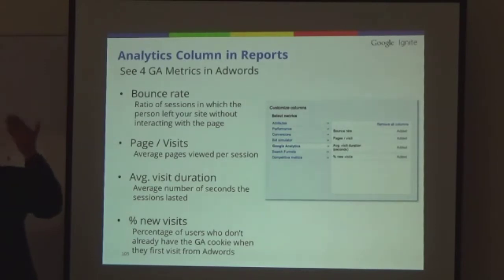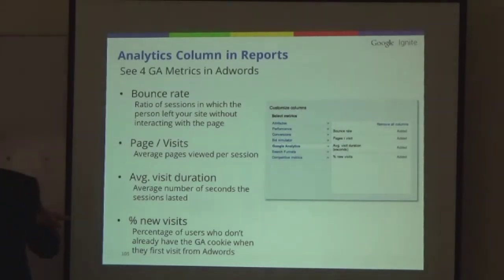So a landing page with a bounce rate of typically 90%. What does it mean? Let's say the report shows a bounce rate of 90%. What it means is that for every 10 people that come to that landing page, 9 immediately leave.